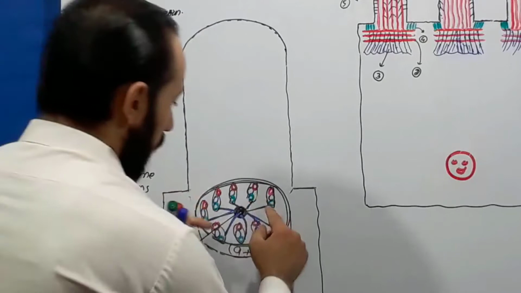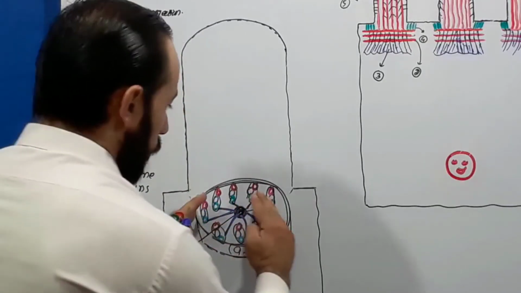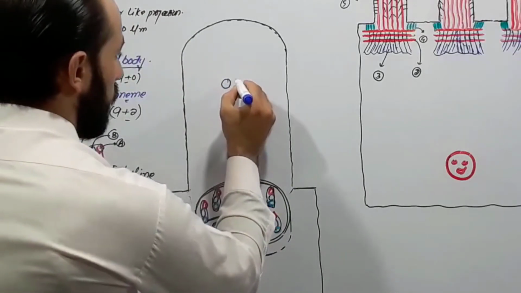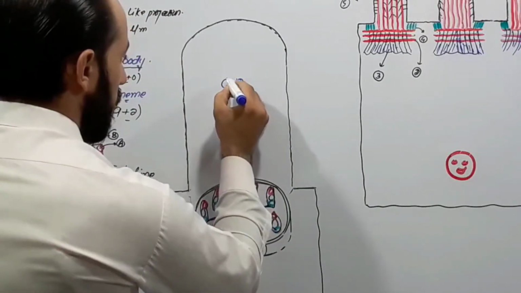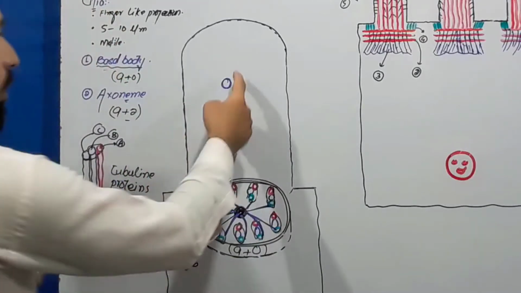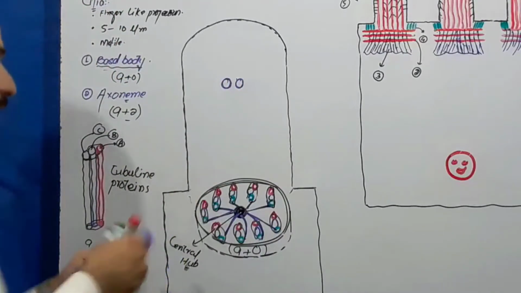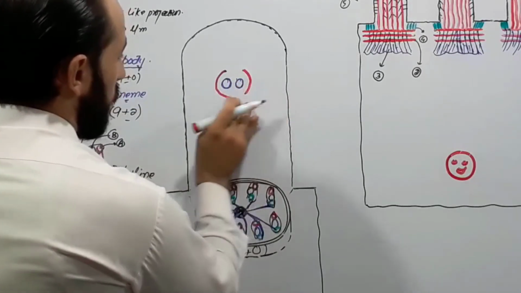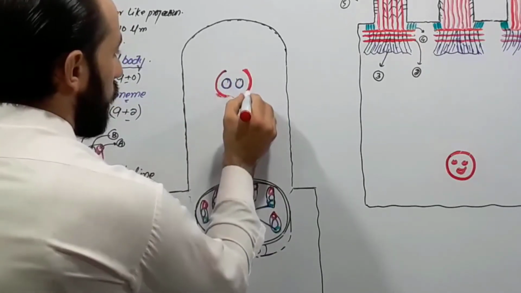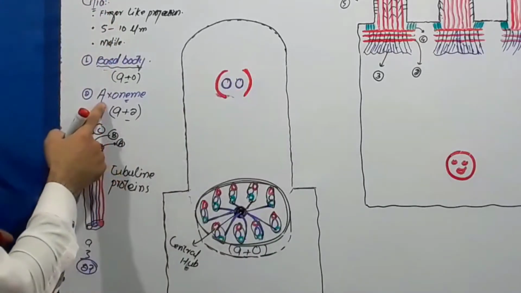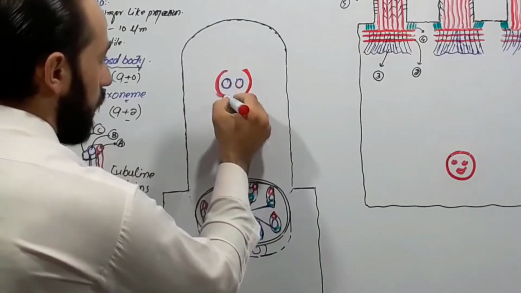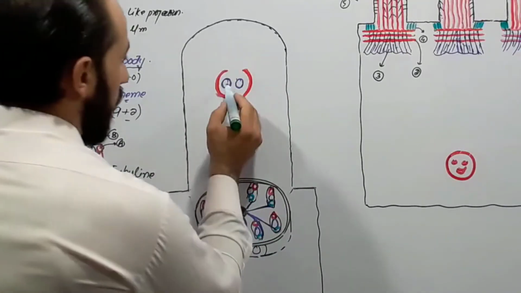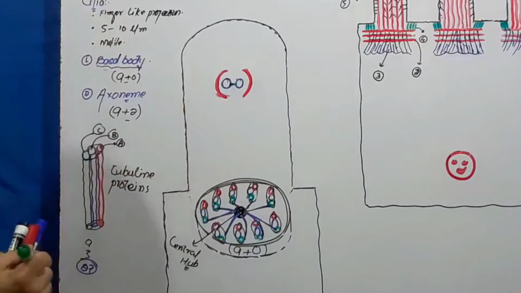What will happen? One of these will fuse together and they will make one doublet in the center. So this is the doublet in the center, right? But around this central doublet, what is there? Look carefully. There is a protein coat which is called the central sheet, right? Now I am going to discuss the structure of the axoneme. There are proteins around the central 2 doublets, which are called the axoneme, and these doublets are also connected with each other.